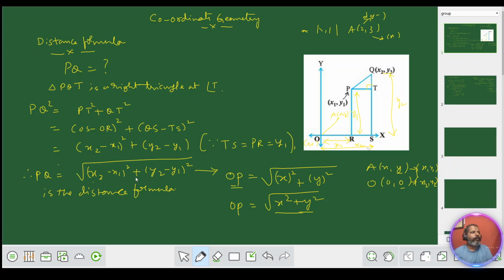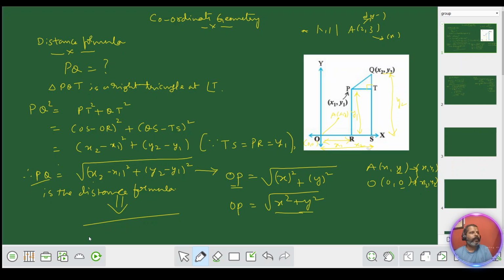The distance formula is nothing but the square root of x2 minus x1 whole square plus y2 minus y1 whole square. Note that when you square a negative number, you always get a positive, no matter whether x1 or x2 is greater. So this distance formula can also be written as the square root of x1 minus x2 whole square plus y1 minus y2 whole square.